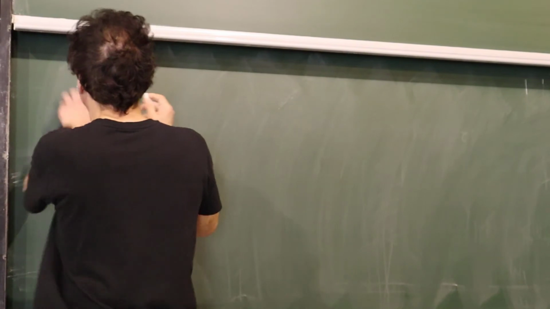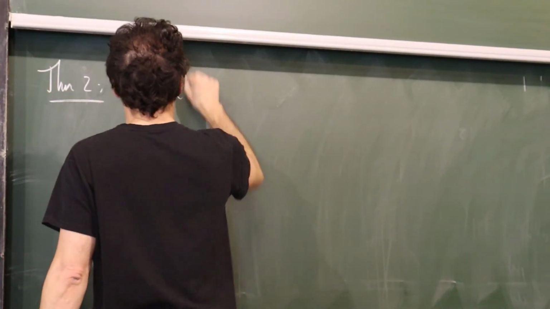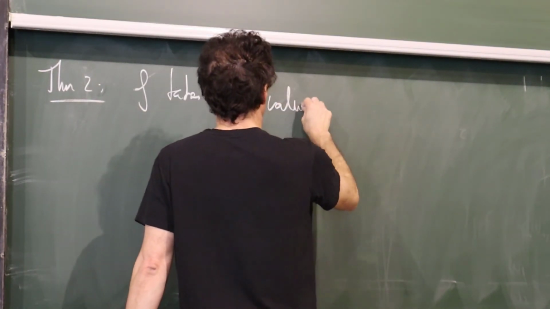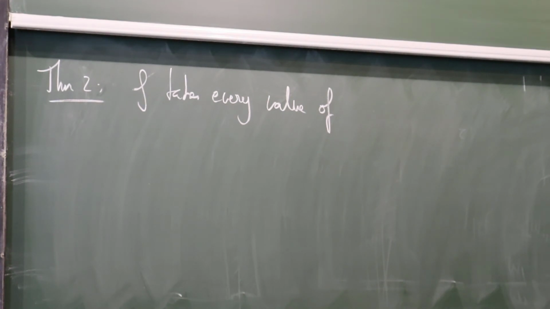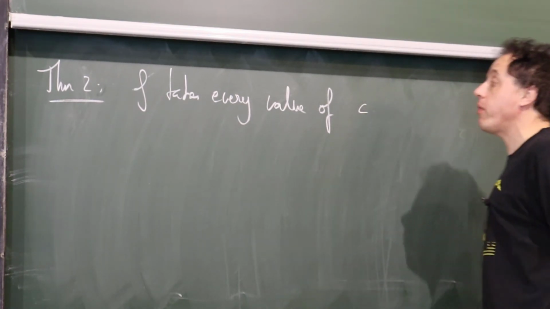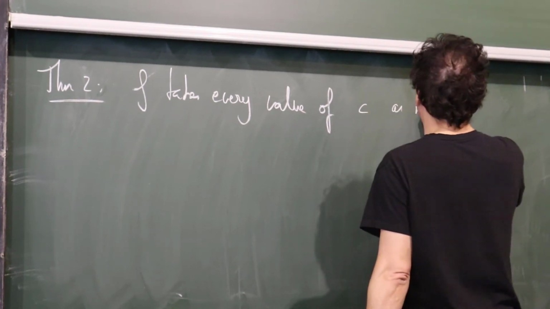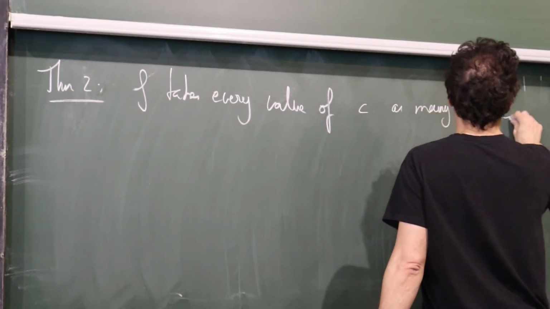So this would be theorem 2. f takes every value c as many times as the order.